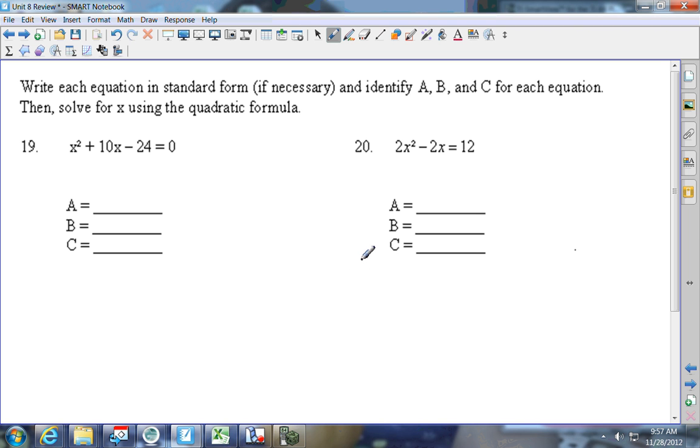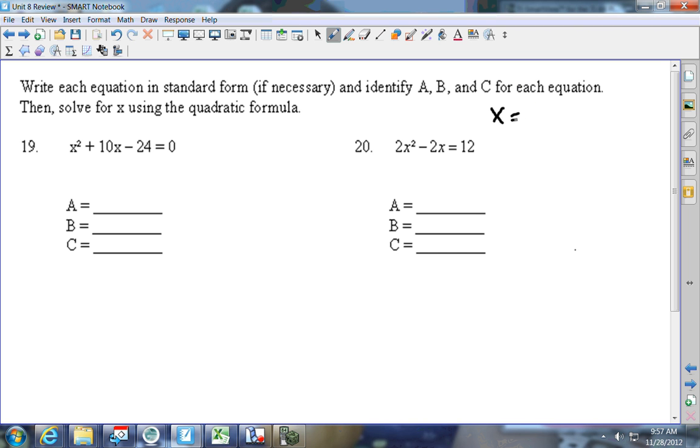All right, here's our next one, our wonderful, wonderful quadratic equation. Anybody remember the equation? That is correct.